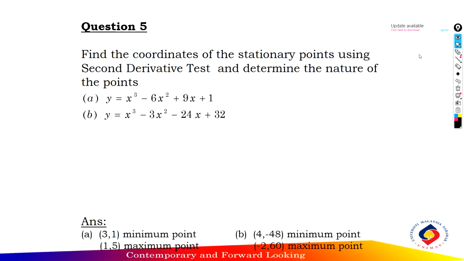Question 5: find the coordinates of the stationary point using the second derivative test and determine the nature of the point. y equals x cubed minus 6x squared plus 9x plus 1.